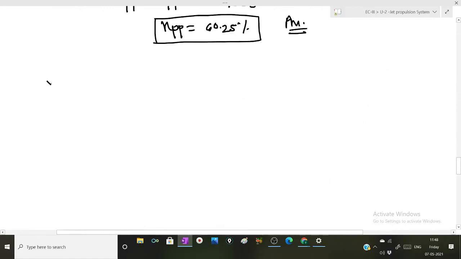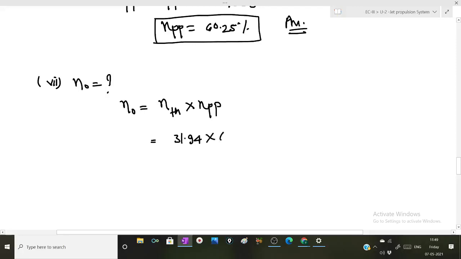Last one is eta, overall efficiency. So overall efficiency is also given as thermal efficiency into propulsive efficiency. Thermal efficiency we have just now calculated, 31.94, and this propulsive is 60.25.